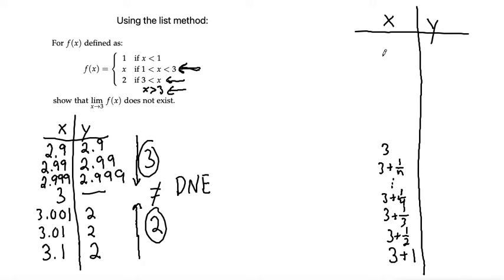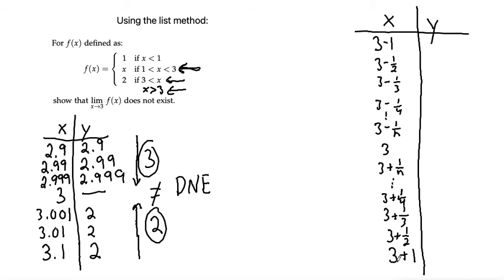Similarly, for the values on the left, the furthest value would be 3 minus 1, which is 2. And then 3 minus 1/2, 3 minus 1/3, 3 minus 1/4, etc., all the way to 3 minus 1 over n.